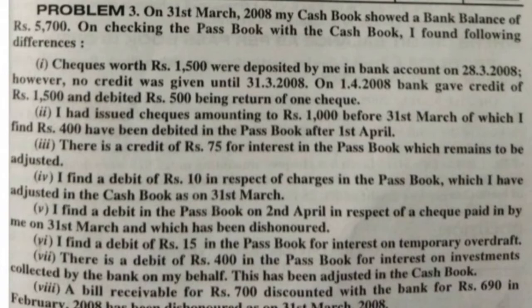That is the reason we need to deduct. Since the passbook is showing the decreased balance, we need to deduct 1500 rupees from the balance as per cash book. Am I clear, Shravani? Shall I repeat once again, everyone?